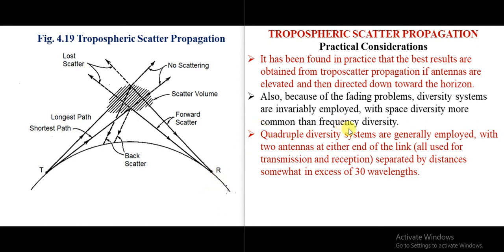Quadruple diversity systems are generally employed with two antennas at either end of the link, all used for transmission and reception, separated by a distance of around 30 wavelengths. Wavelength is related to the frequency of the transmission.